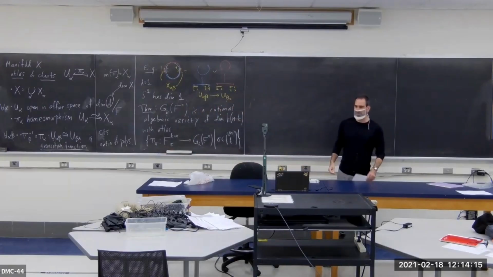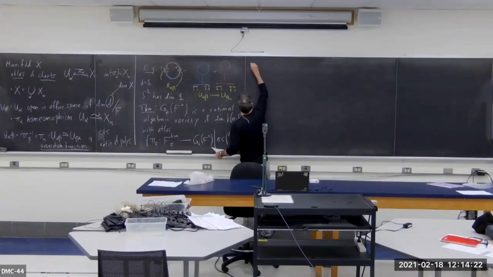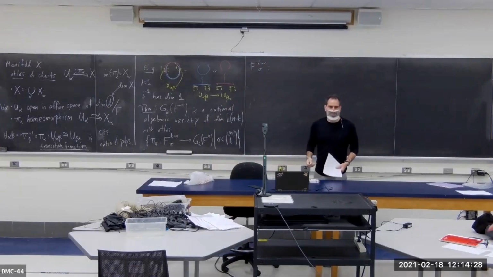That was the atlas that we wrote down last time. Now let me just remind you what this thing is. So let's see now, F k by n sigma. Anyone remember what this was?